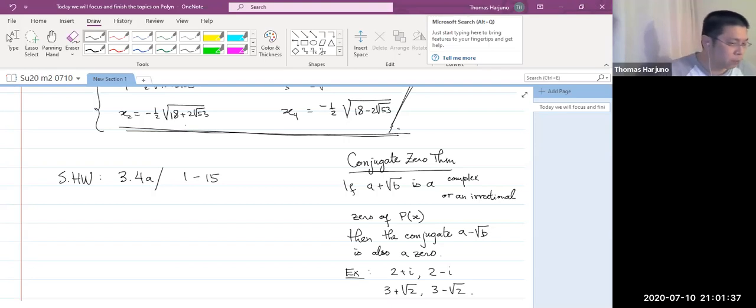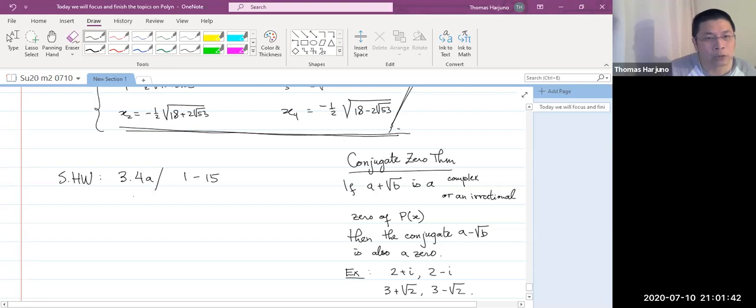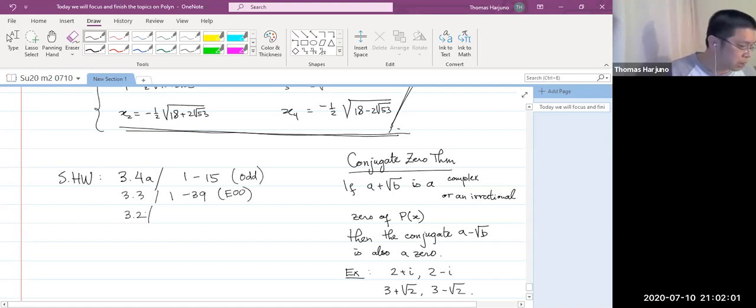Now that's for 3.4. 3.3 you can do actually most of them. Number 1 to number 39, just do every other odd. You don't need to do all of them. Every other odd, these are the odd ones here. And 3.2, we did them yesterday.